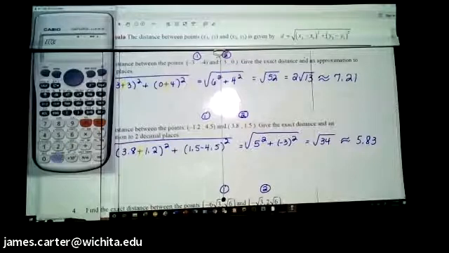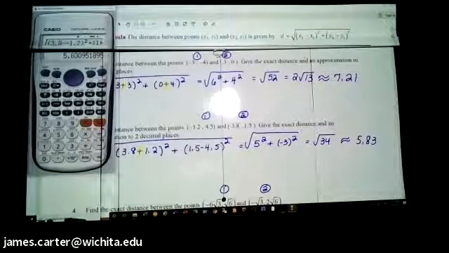and 3.8 minus negative 1.2, close the parentheses and square it, plus parentheses 1.5 minus 4.5, close the parentheses and square it, and equals, which I can then toggle back and forth to the decimal value.